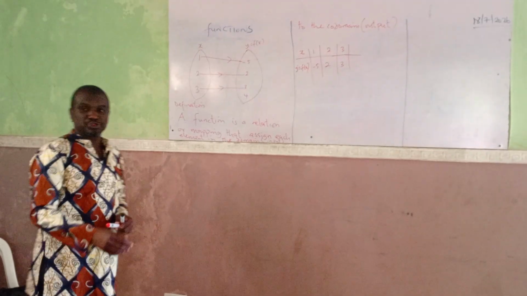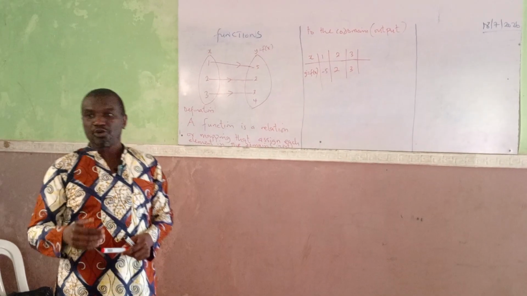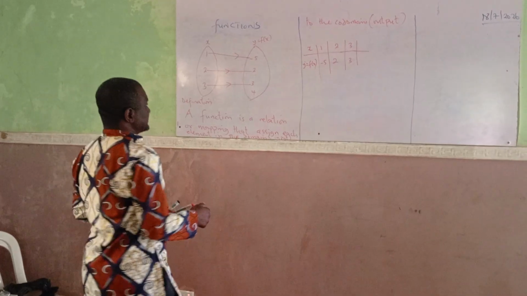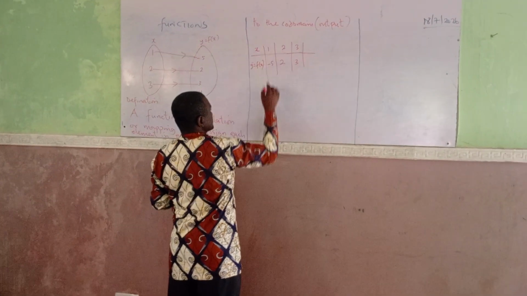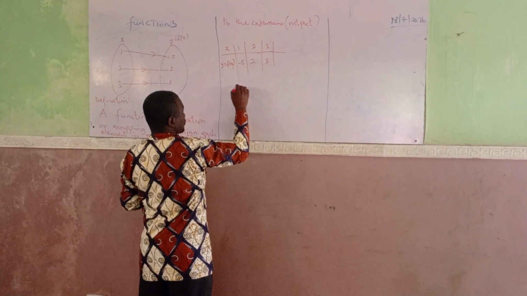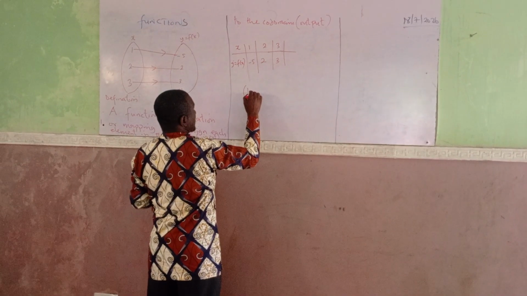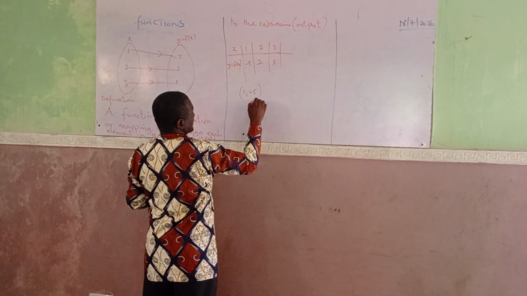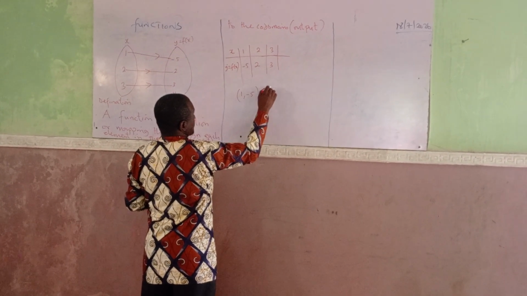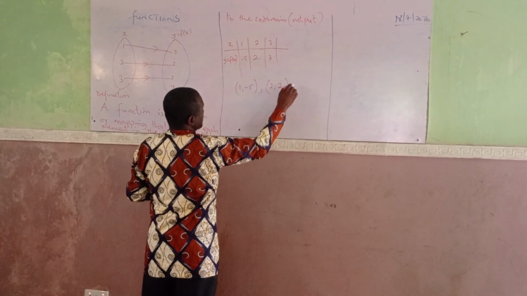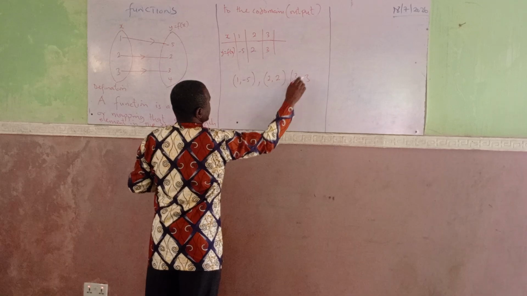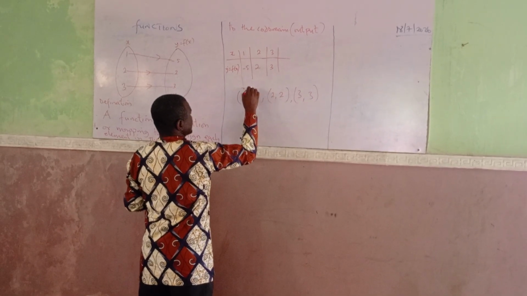And a function can also be said to be an ordered pair. An ordered pair in the sense that I will have 1, which is my x coordinate, comma, minus 5. I also have another one, 2, comma, 2. I also have another one, 3, comma 3. Take note, this is my x and this is my y.